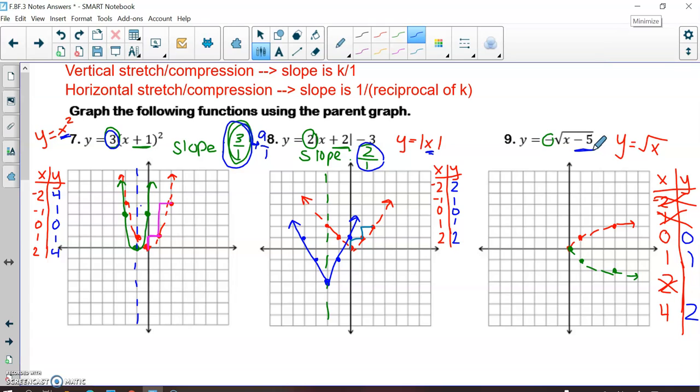So each of these points gets translated 5 units over to the right. And this is going to go off the graph, but it's going to look something like this. So that blue graph is my final graph after I did the reflection and the translation.